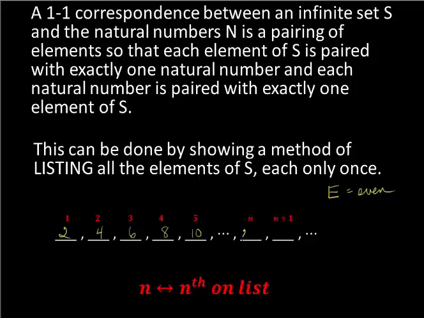So that even number will be 2n. And this one would be 2 times n plus 1. But again, we are not so concerned with you coming up with a formula. We want you to just show how you could list the set and be sure that every number was on the list, each only once.